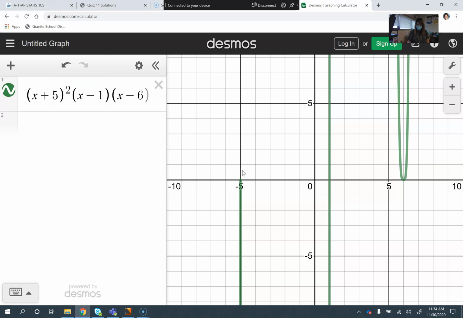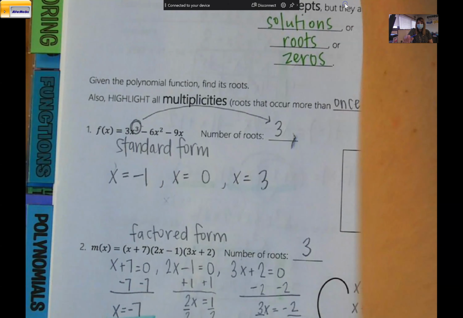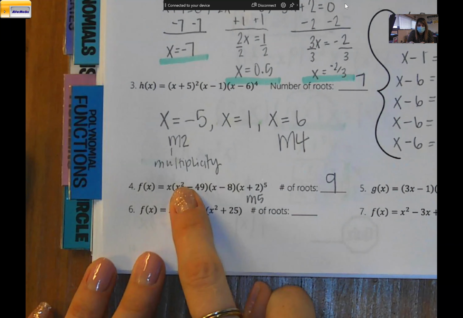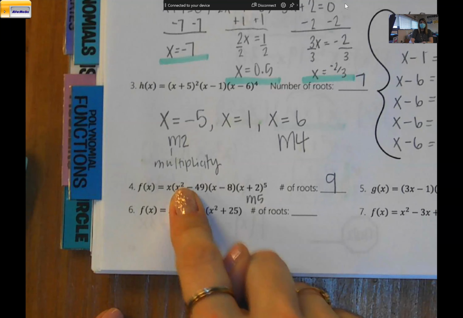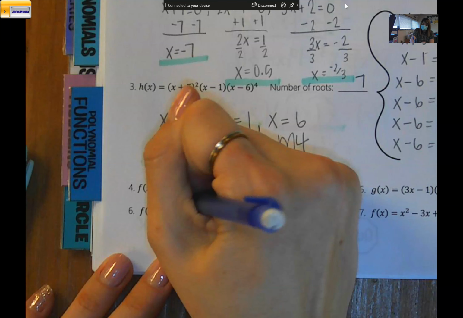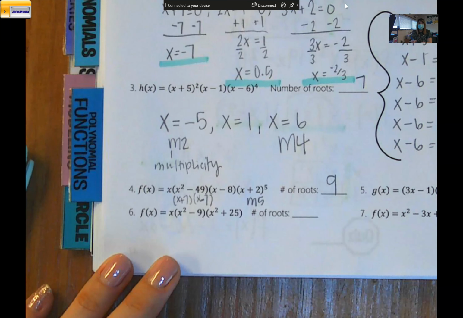Okay, number 4 has 9 roots, but only the one that I labeled is a multiplicity. This x squared minus 49 is not a multiplicity because it factors to x plus 7, x minus 7.